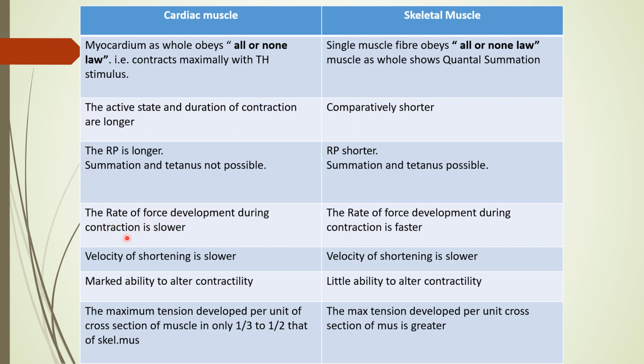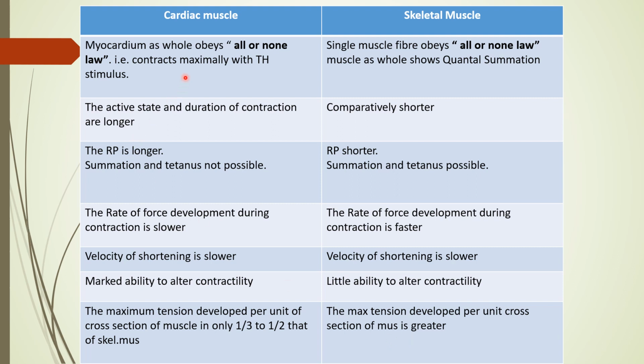The rate of force development during contraction is slower in cardiac muscle and faster in skeletal muscle. The velocity of shortening is slower, and here also the velocity of shortening is slower. There is marked ability to alter contractility in cardiac muscle, and little ability to alter contractility in skeletal muscle. Maximum tension developed per unit cross section of the muscle is only one third to half that of skeletal muscle, whereas in skeletal muscle the maximum tension developed per unit cross section of muscle is very much greater.